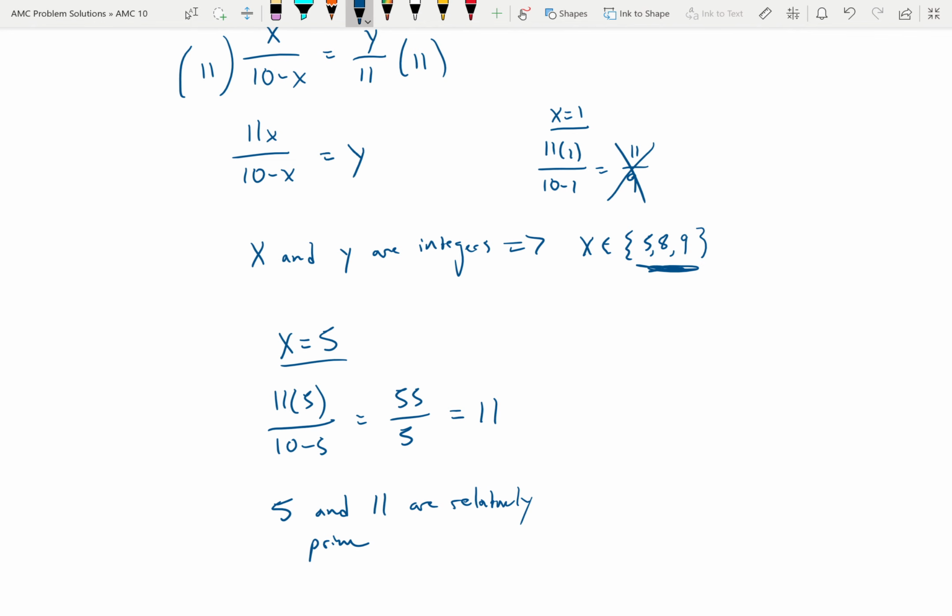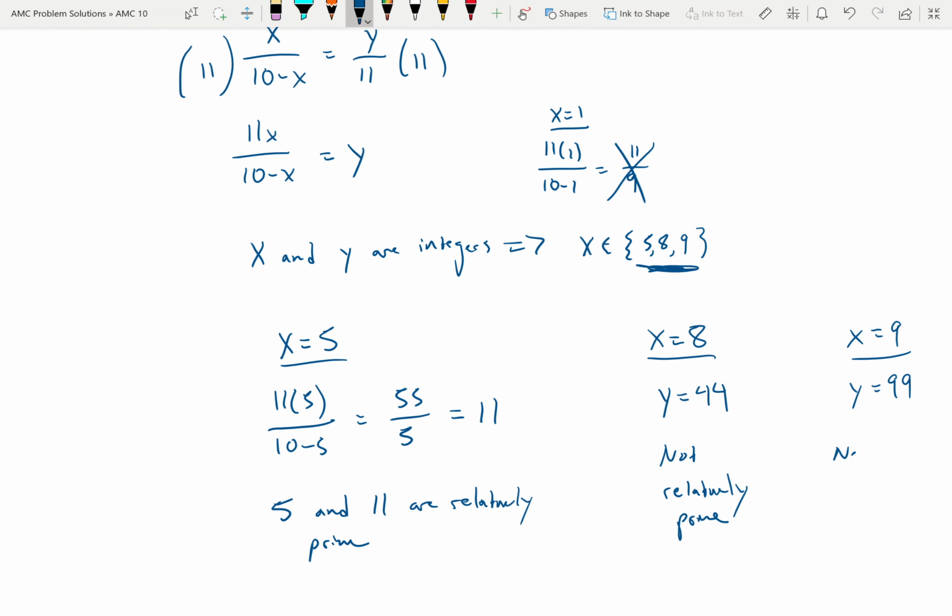Now I'm just going to check the other numbers. If you check x equals 8, you should get that y equals 44 when you plug that in. So 44 and 8 are not relatively prime, so that doesn't work. And then when I plug in x is equal to 9, I get y equals 99.